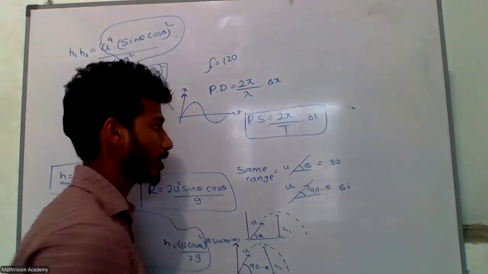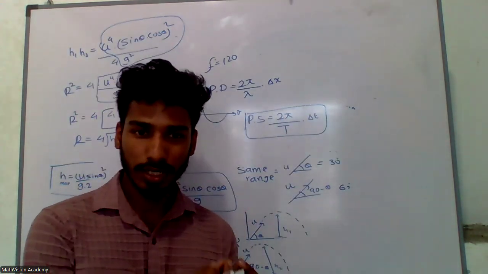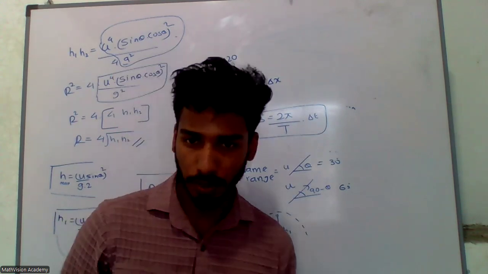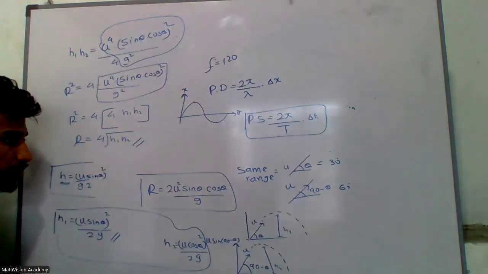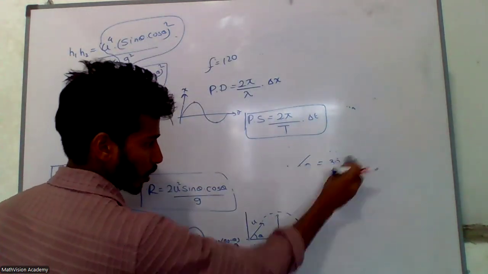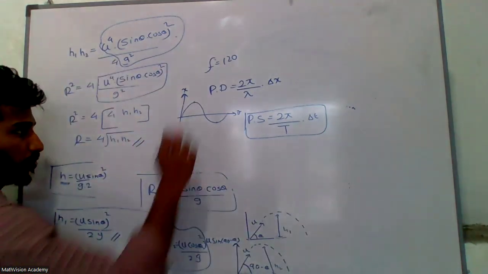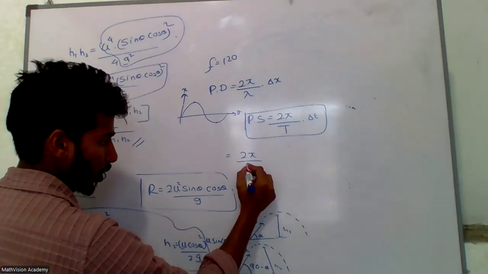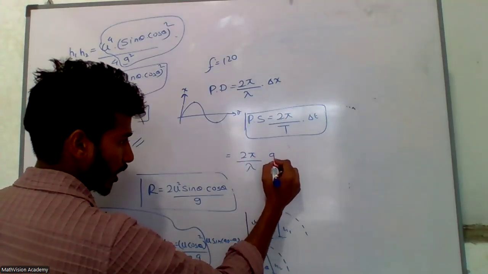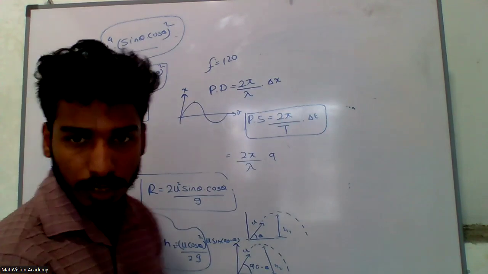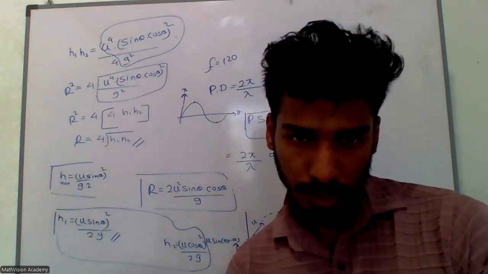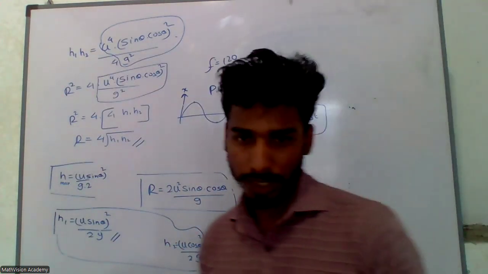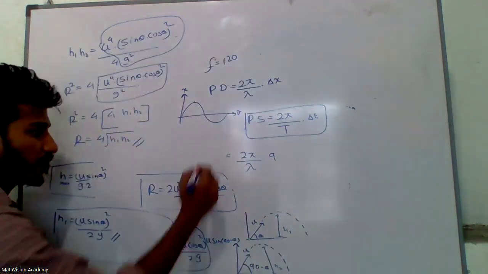That's the way I will be teaching. These are small things; with questions I will explain them. Okay. So we look at the phase difference 2 pi over lambda times separation. We don't know the wavelength. Separation is 9. The speed of the wave is what is asked here. The phase difference is 6 pi.